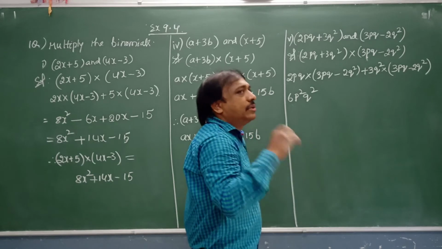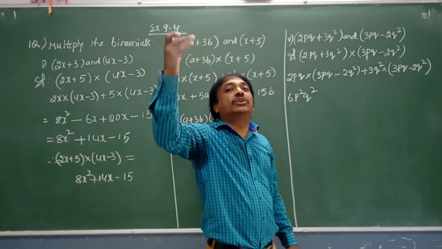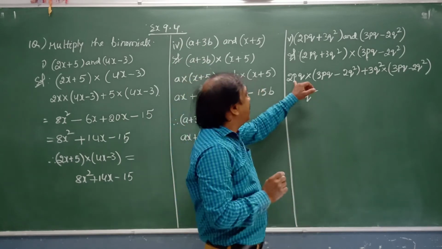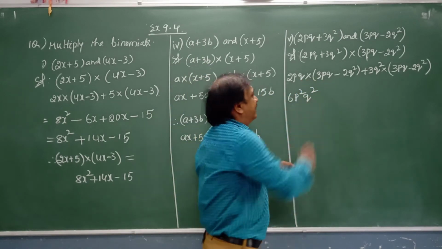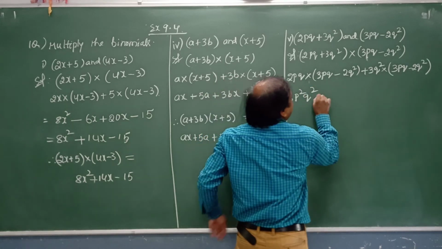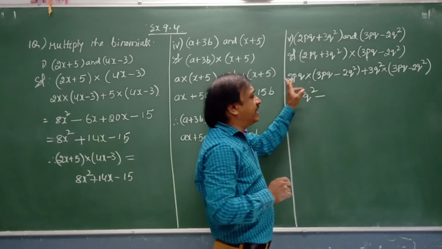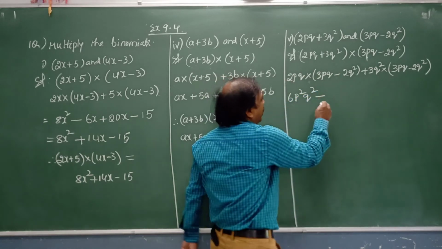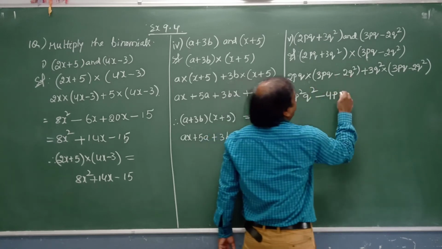1 into 1, 2 into 2, 4, 3 into 3, 9, 3 square, 4 square, 5 square, like that. P into P, p square. Q into Q, q square. Then plus into minus, minus. 2 2s are 4, the numerical terms first. Then p into q square.